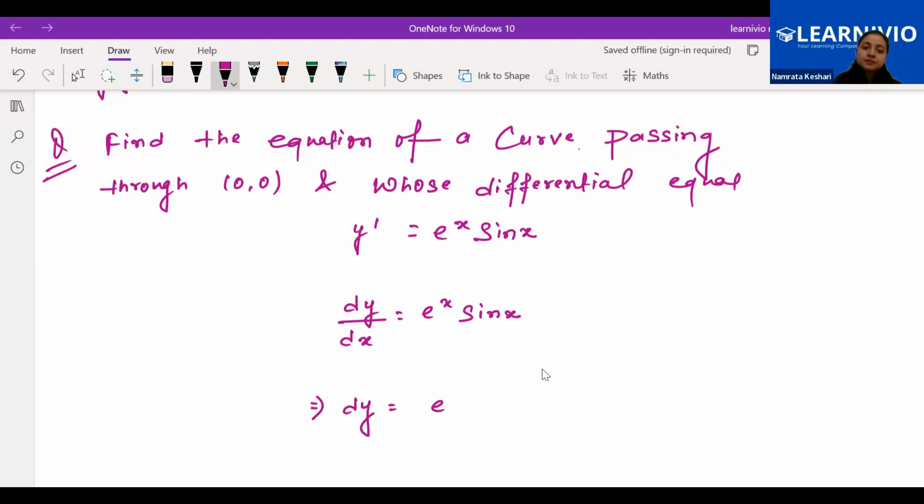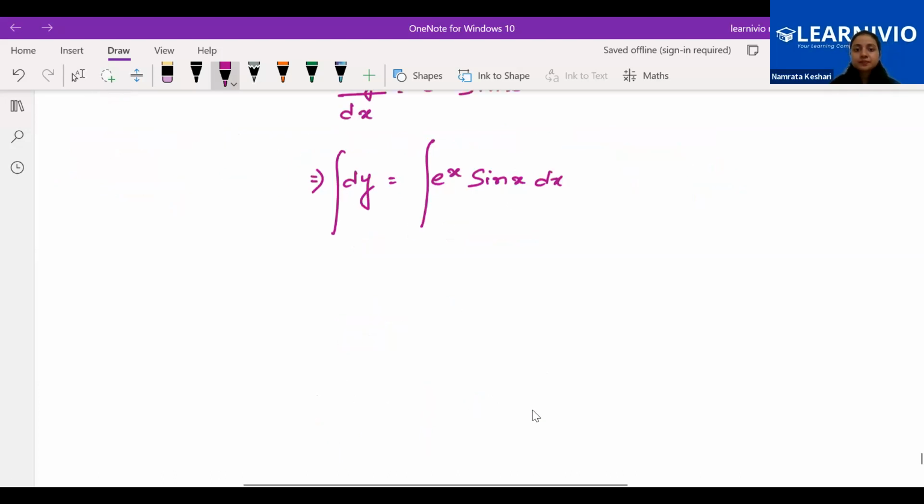Now we will do integration both sides. That's it. Can you tell me how to integrate e to the power x sin x? By parts?